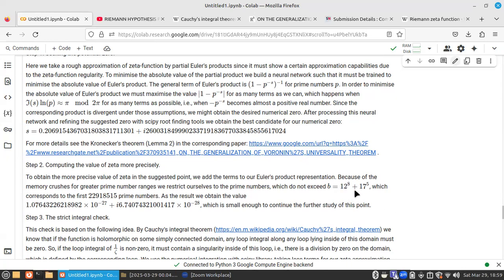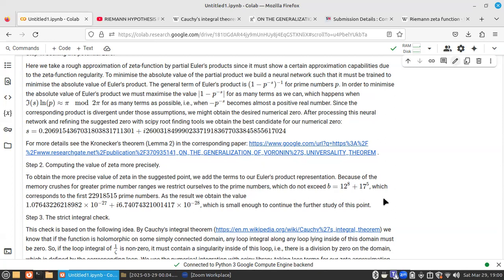This number is obtained by some serial experiments, and we would like to add some more prime numbers. So we've got this 17 to the power of 5. Yeah, there is no huge sense in picking exactly 17, it is just my favorite number.